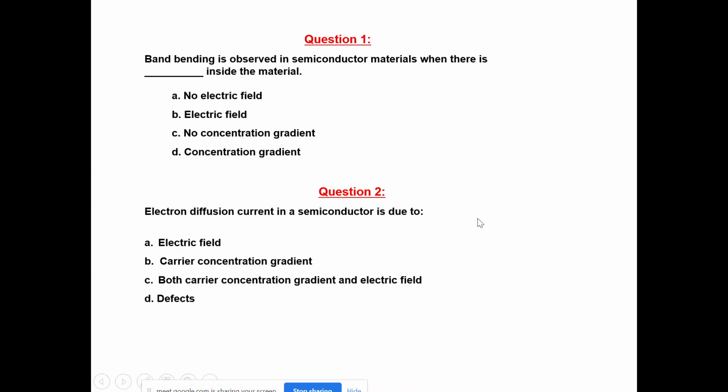The second question says that electron diffusion current in a semiconductor is due to. I'm talking about the diffusion current. The options are electric field, a concentration gradient, both a concentration gradient and electric field, or defects.